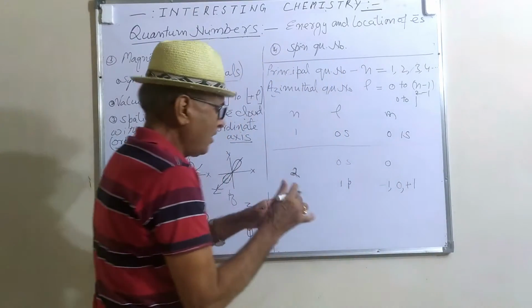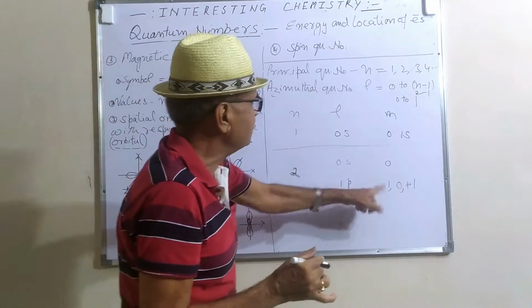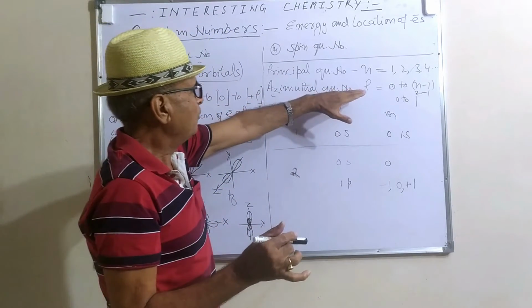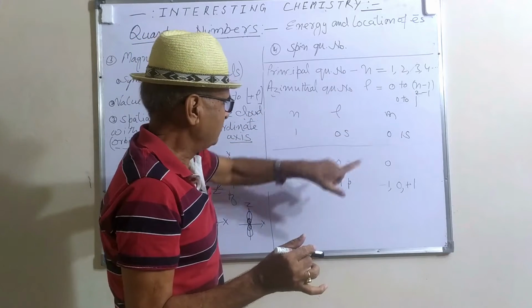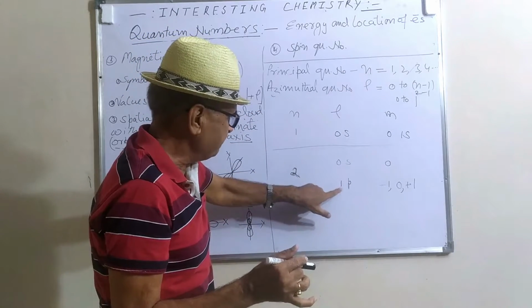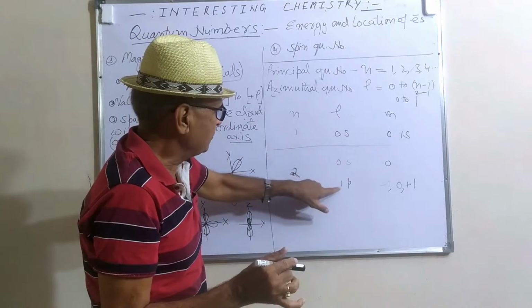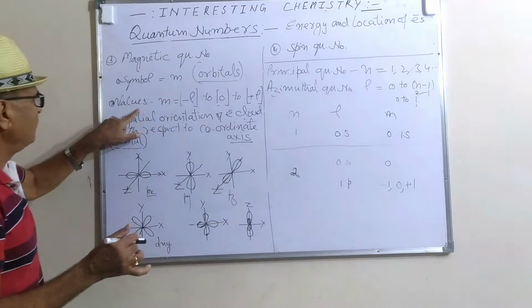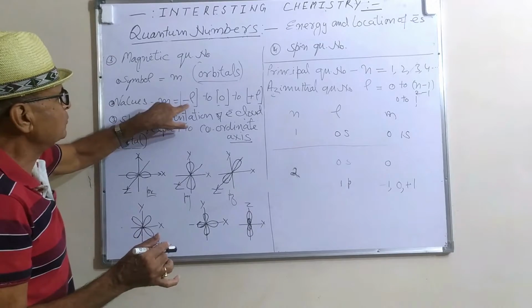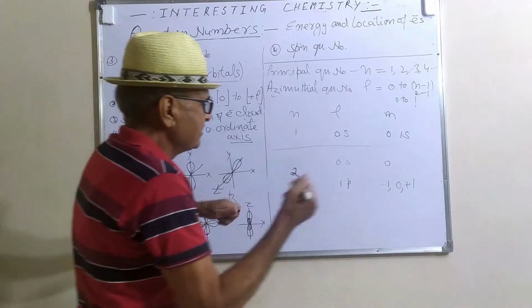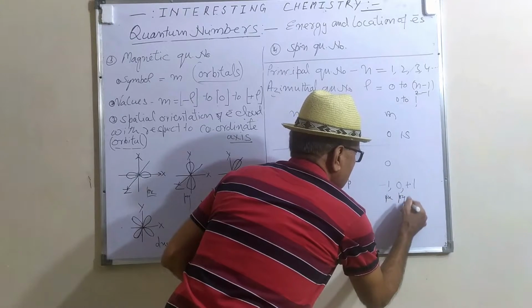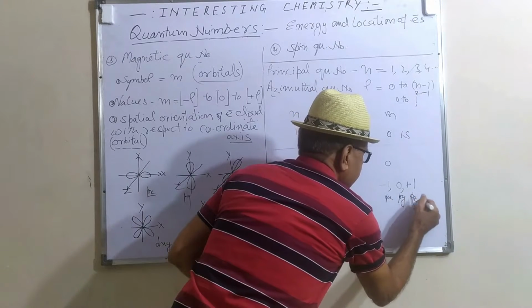How will you find the values? Because for principal quantum number 2, L is equal to 1, then the value of M will be minus 1, 0, and plus 1. This tells us Px, Py and Pz.